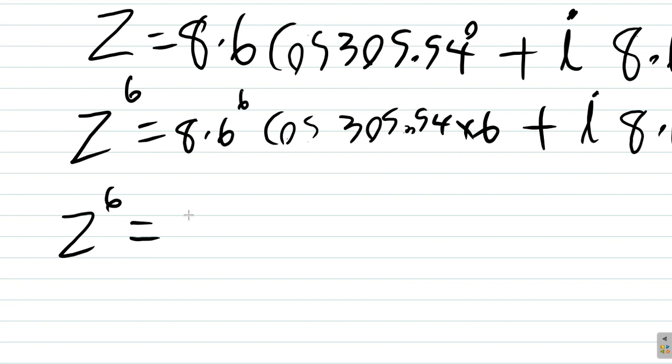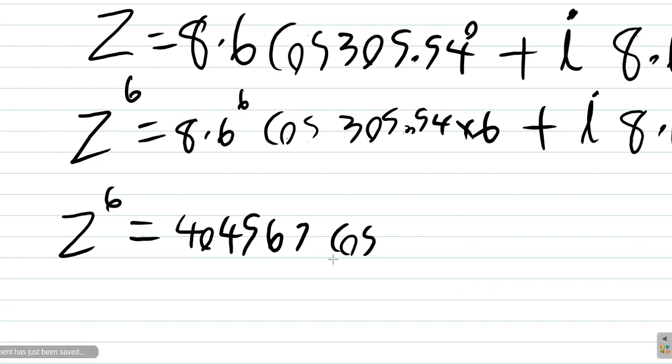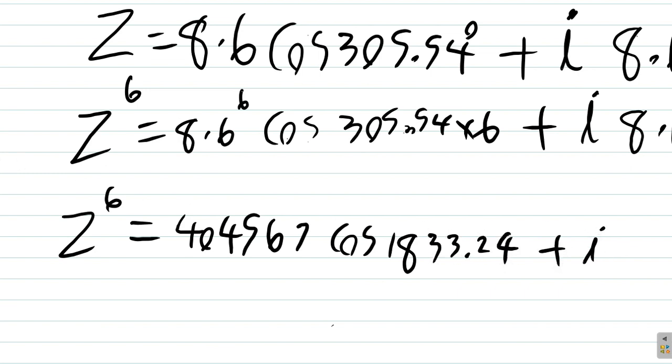Some big numbers here: 404,567 cos, and then 305.54 times 6 would give us 1833.24.